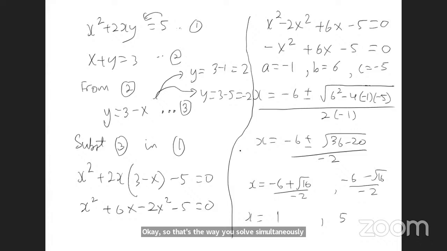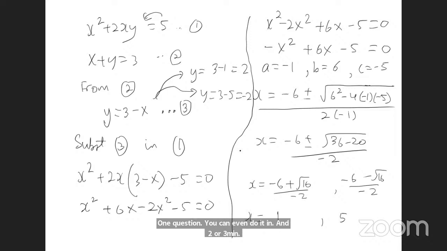In the group, I will actually, watch this here. We write this one down for homework. One question. You can even do it in 2 or 3 minutes, right? See your mistakes, right?